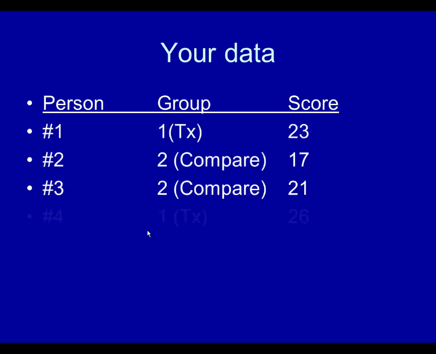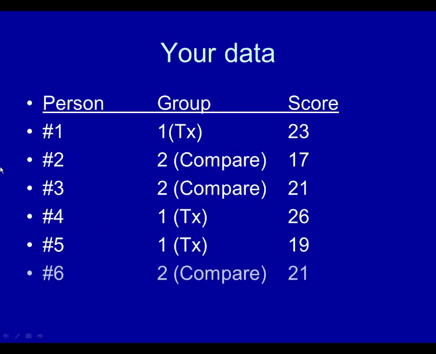Here is an example of some hypothetical data. Person number 1 is in the treatment group and their score is 23. Person number 2 is in the comparison group. They have a score of 17, and so forth. This is just an example.